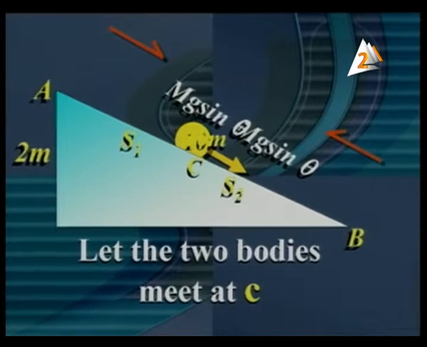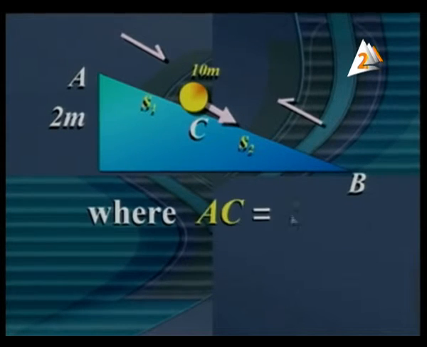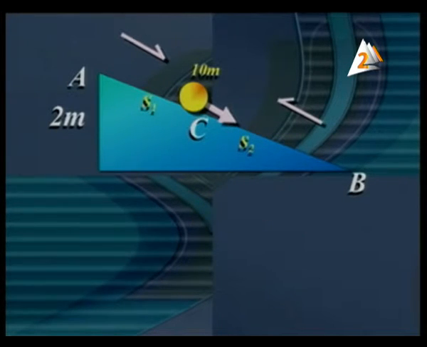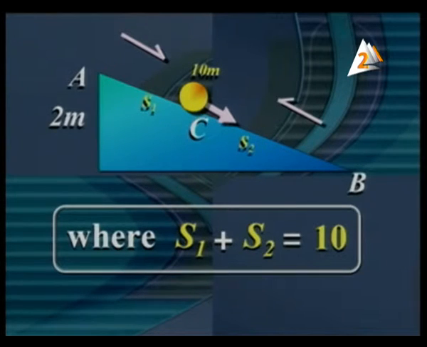They collide and meet at C, where AC is S1 and BC is S2, where S1 plus S2 equals 10 meters.